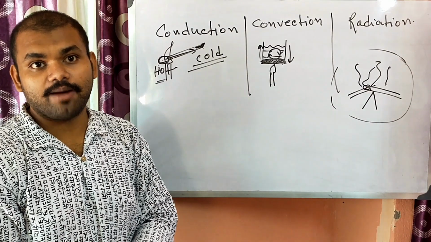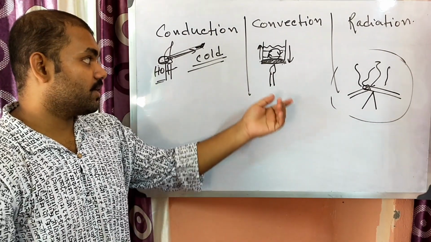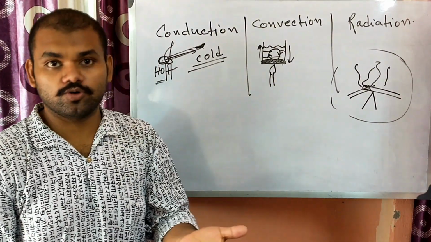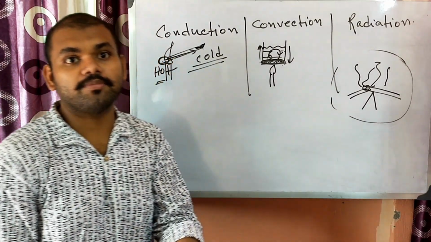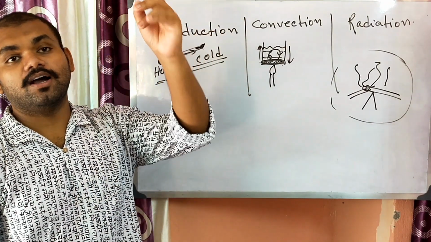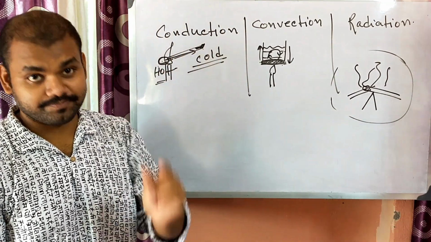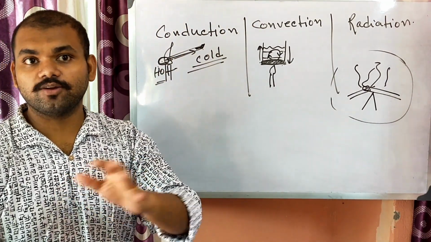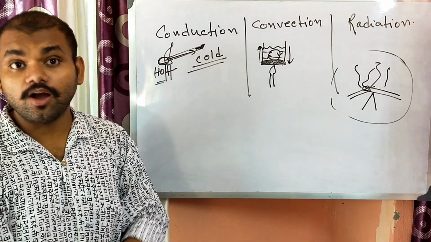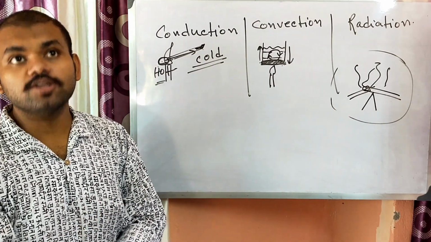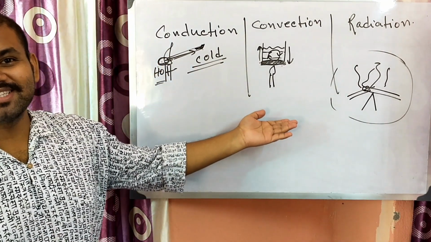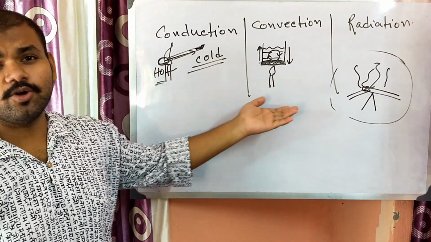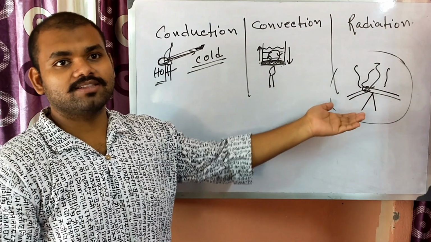Ventilators are provided upward in the wall, because when we breathe out, it is warmer air, so that warmer air will rise up and go out from the ventilator, and the cold air will come from the windows, because no place remains vacant. So these are a few examples of convection and conduction.